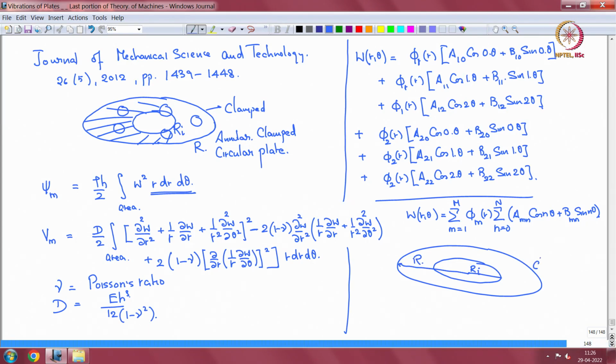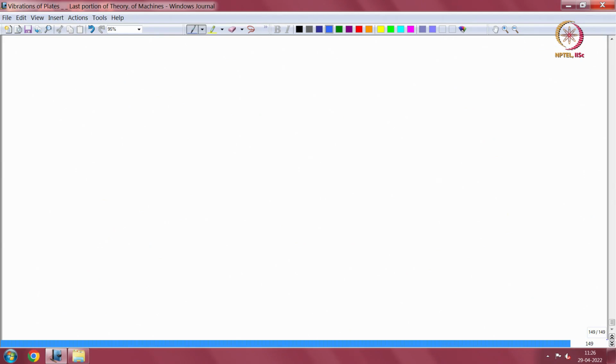We will look at, say, clamped for now, clamped on the outer boundary. Okay. So, now the first choice phi 1 of r is d1 times r square minus capital R square, whole square.